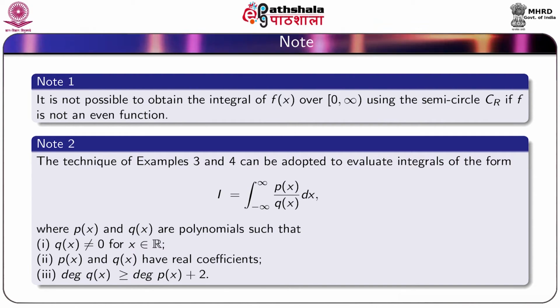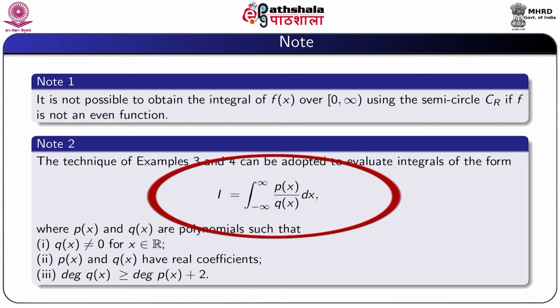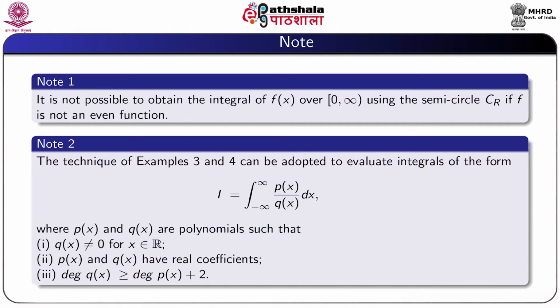Another note, the technique of examples 3 and 4 can be adopted to evaluate integrals of the form I equal to the integral from minus infinity to infinity of p(x) by q(x) dx, where p(x) and q(x) are polynomials such that q(x) is not 0 for x belonging to R, the set of reals. p(x) and q(x) have real coefficients and the degree of q(x) is greater than or equal to the degree of p(x) plus 2.